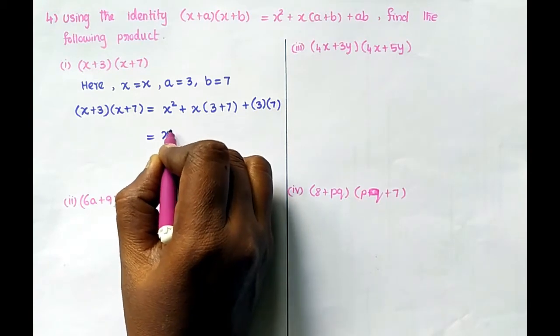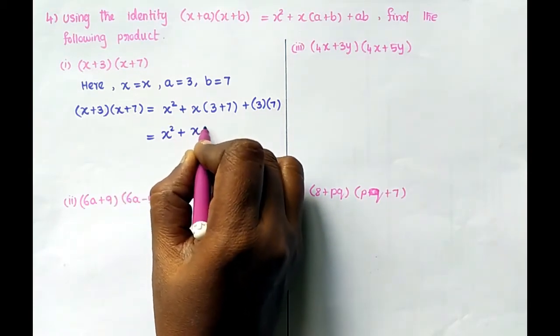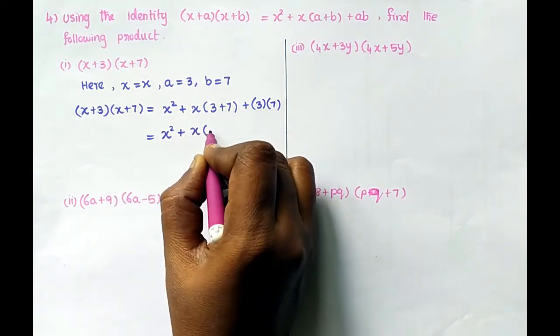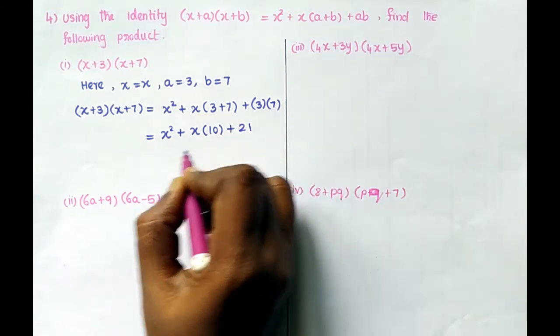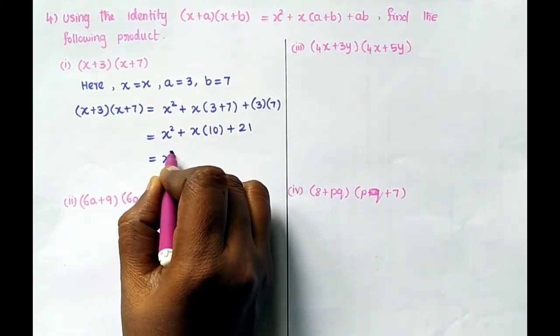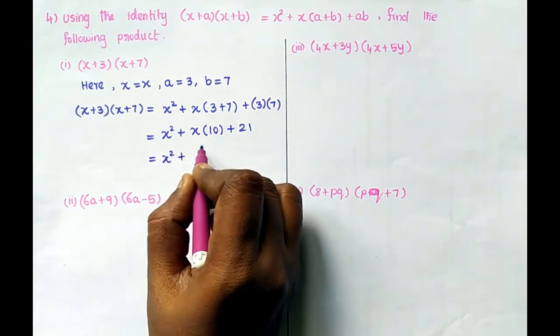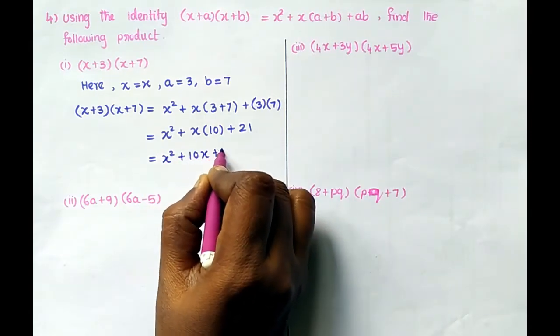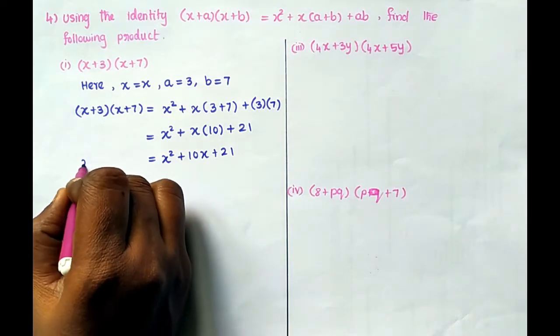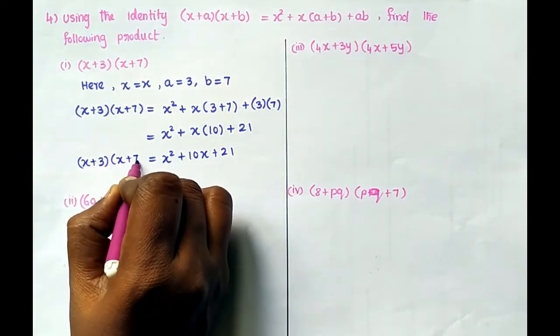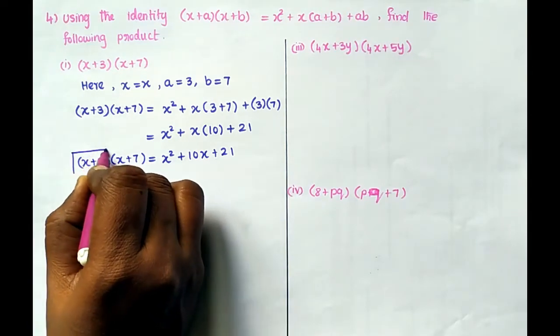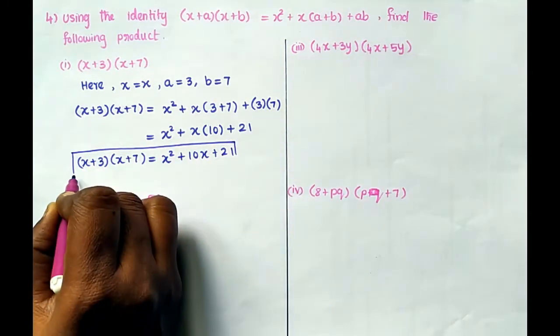So x squared plus x into 3 plus 7, 10, plus 3 sevens are 21. Now simplify that, x squared plus 10x plus 21, that is x plus 3 into x plus 7. That is the answer.